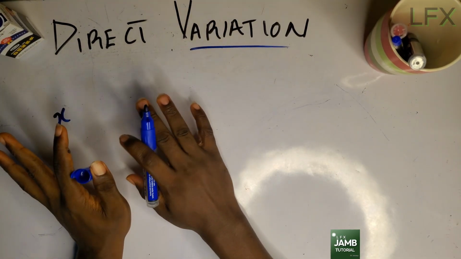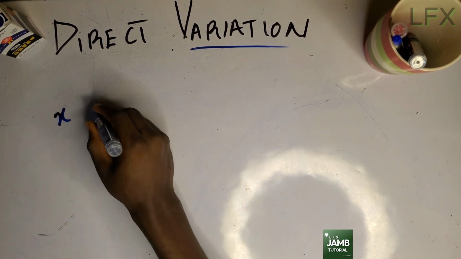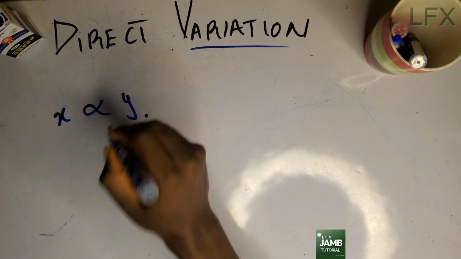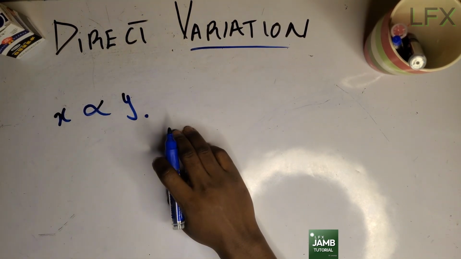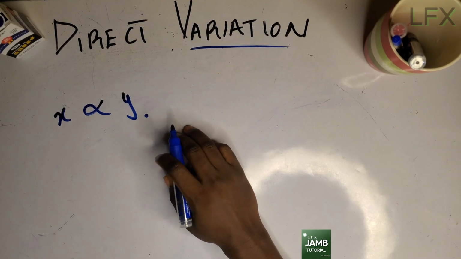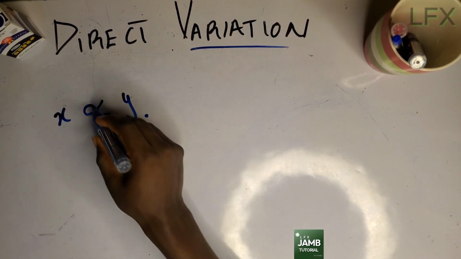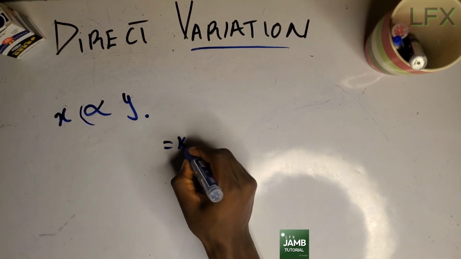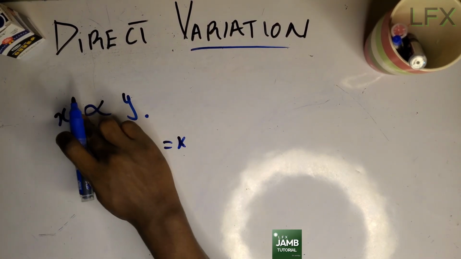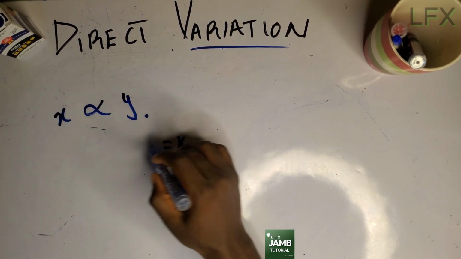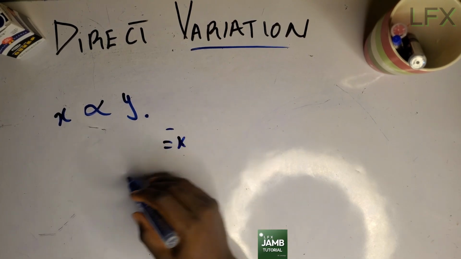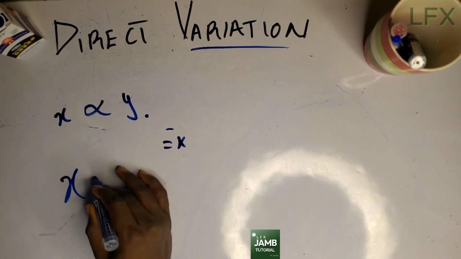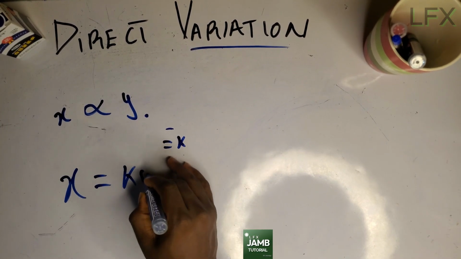This is how it is mathematically written: x directly proportional to y. Here we introduce the constant of proportionality by changing this into equals to k. Very easy. Anytime you see this proportionality, we use it to introduce the constant of proportionality. So we'll be having x equals ky.